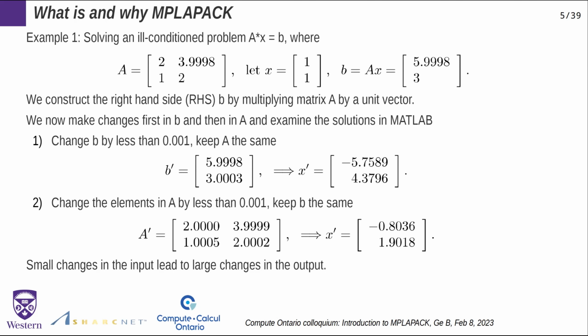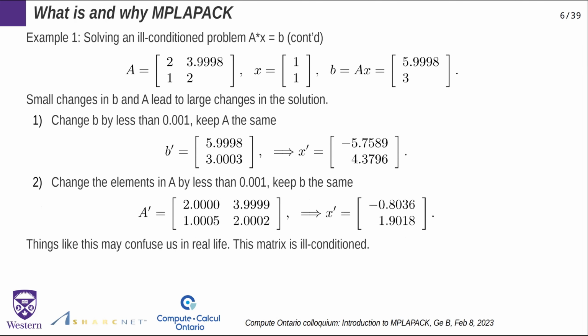And again, we make some changes in the matrix A, by less than 0.001, and we keep the right-hand side b the same. Now this time, again, there are large changes in the solution. So, as we see, small changes in b and A lead to big changes in the solution. This matrix is ill-conditioned.